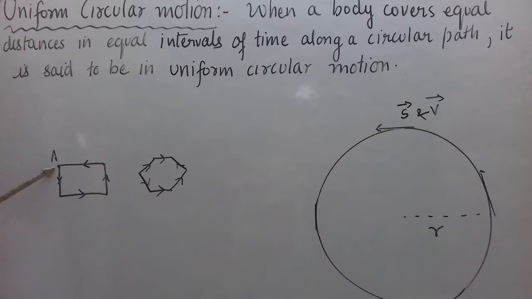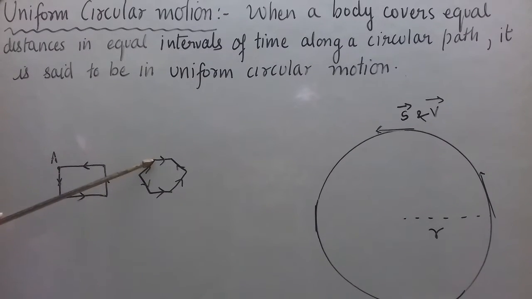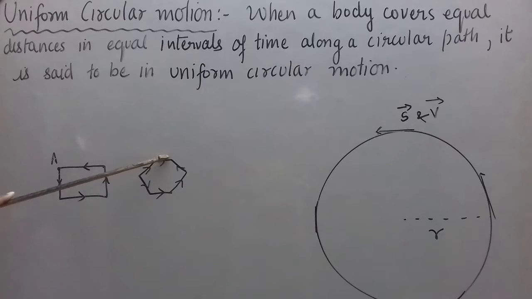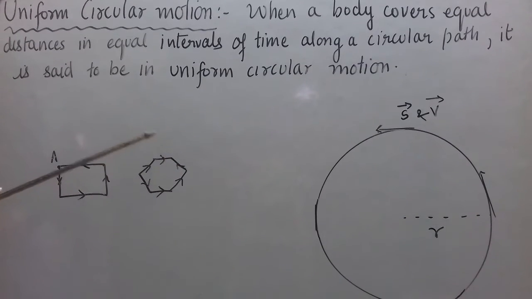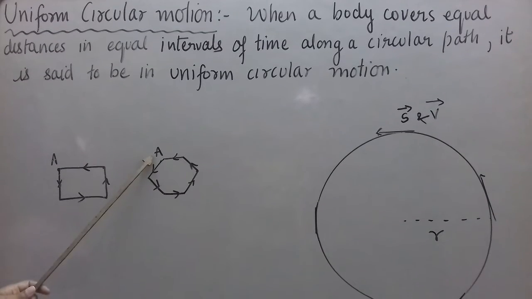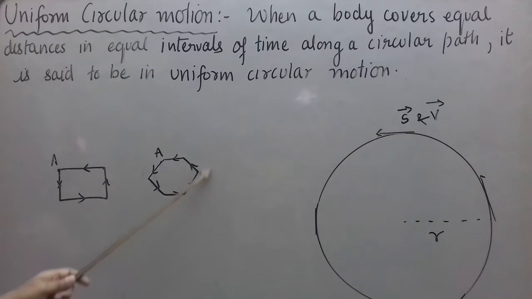It means you will cover some distance and you will immediately change the direction. For example, here, suppose this is A, then you are moving along this path, covering smaller distance and then changing the direction. When you start from A, let us say now you are moving along this path.